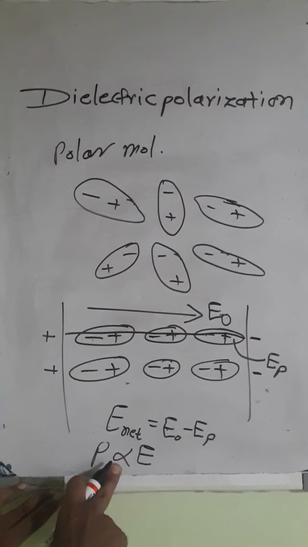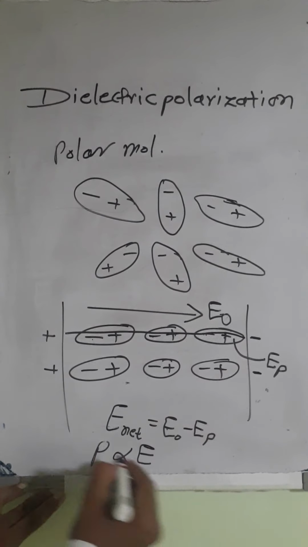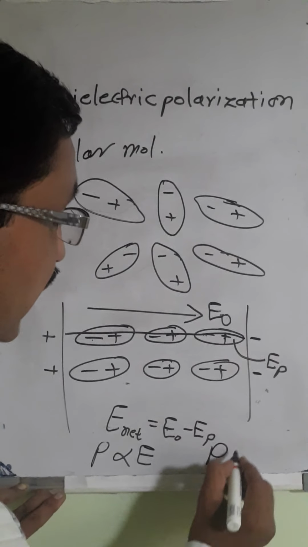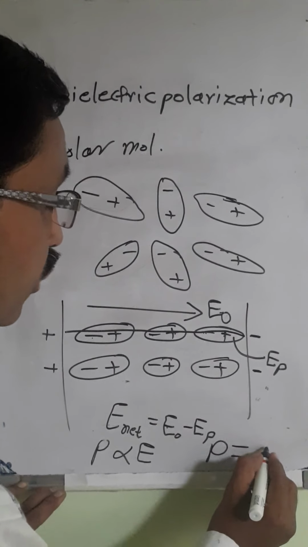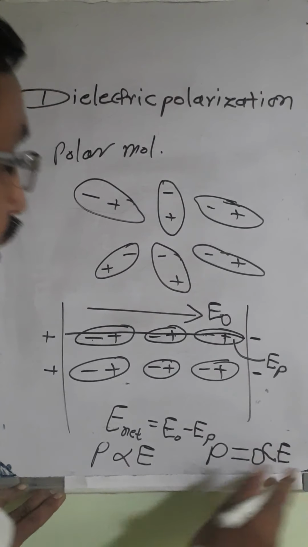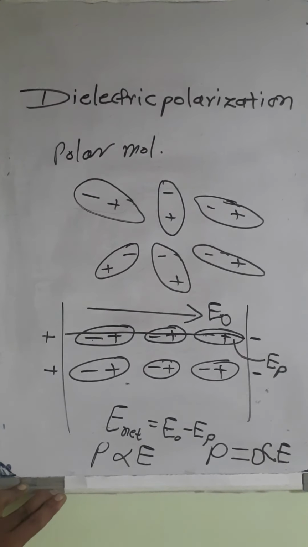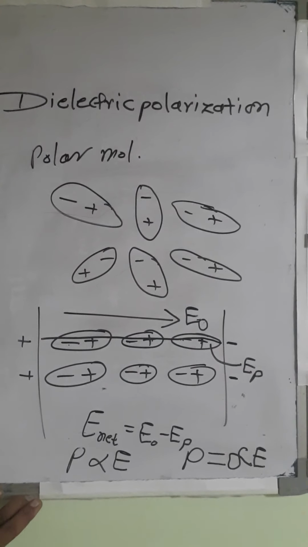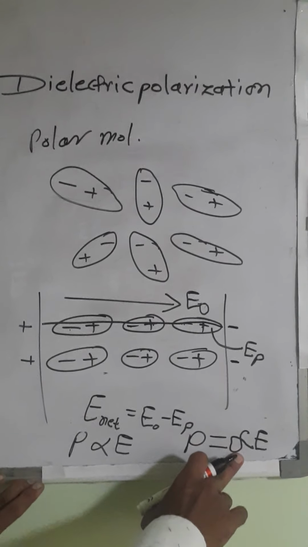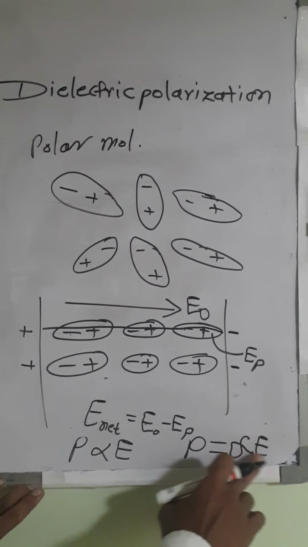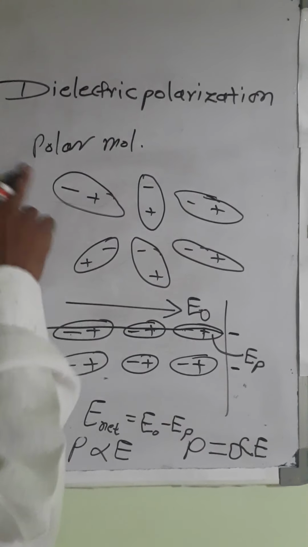Now this proportionality symbol we can change by some constant, and therefore we can write P is equal to alpha E. So this alpha is called the proportionality constant, which is also called the molecular polarizability. So alpha is the molecular polarizability, and in this way P is equal to alpha E. So this gives the polarization.